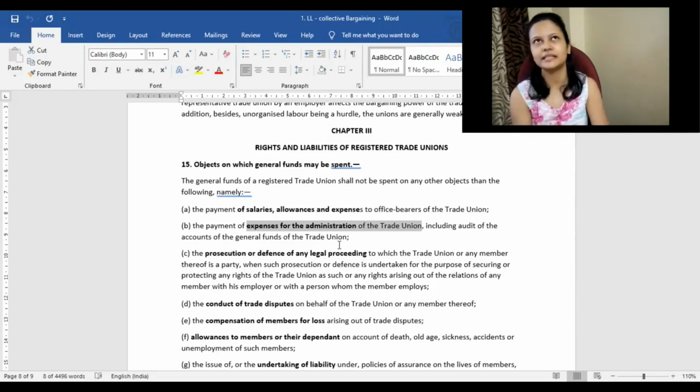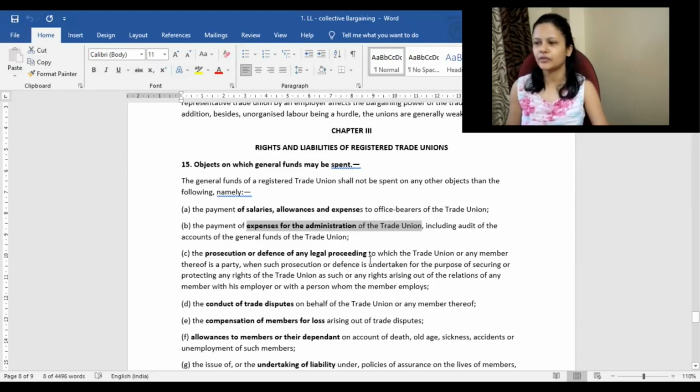You will see there will be certain cases where the registered trade union of a certain workers group will file a case demanding that we want better working conditions in this particular industry. In those cases, they will be spending from their general fund only to initiate the case or even to defend themselves.